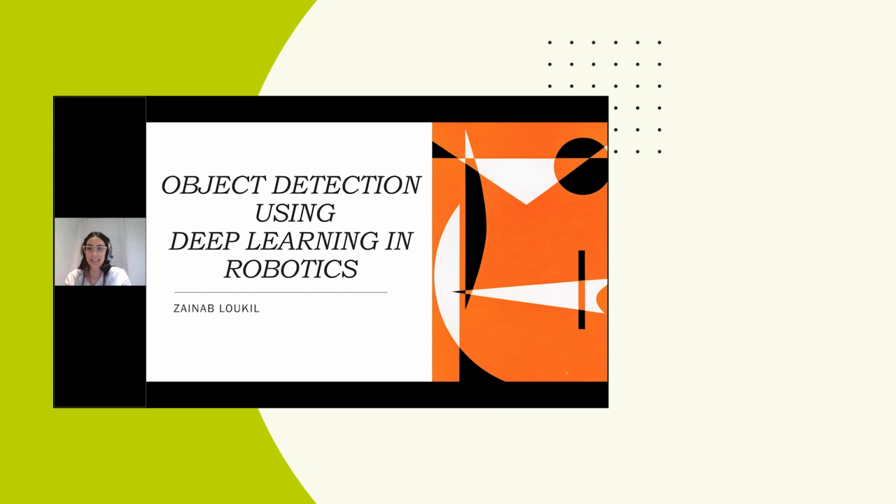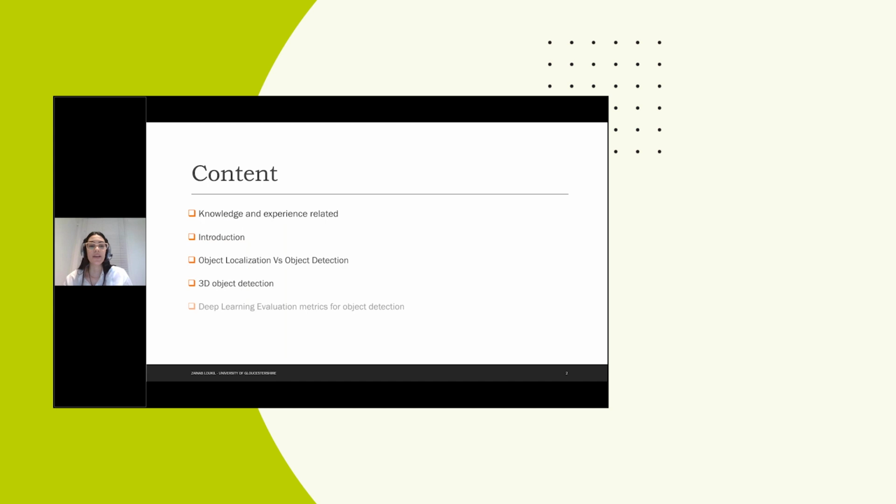So today I'm going to talk about my future directions in terms of research and the research that I am aiming to work on, which is object detection using deep learning in robotics. This is the summary of today's talk.